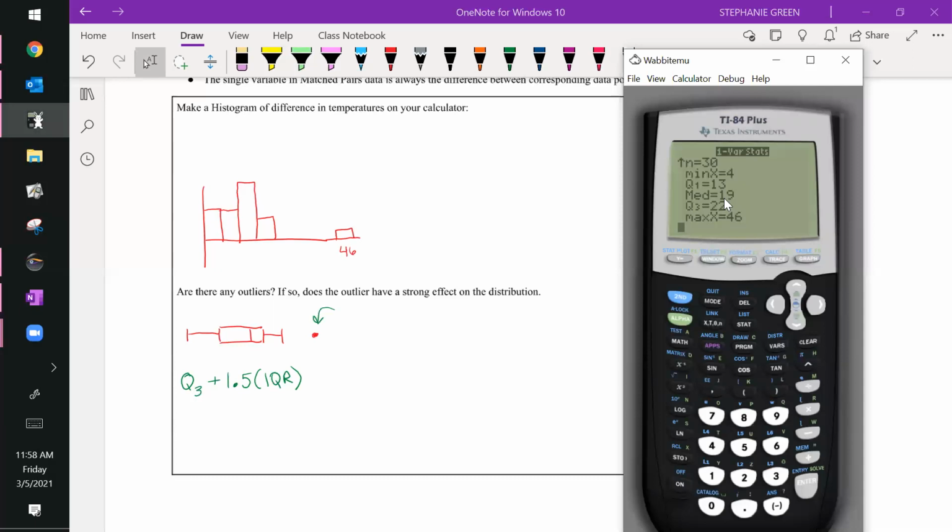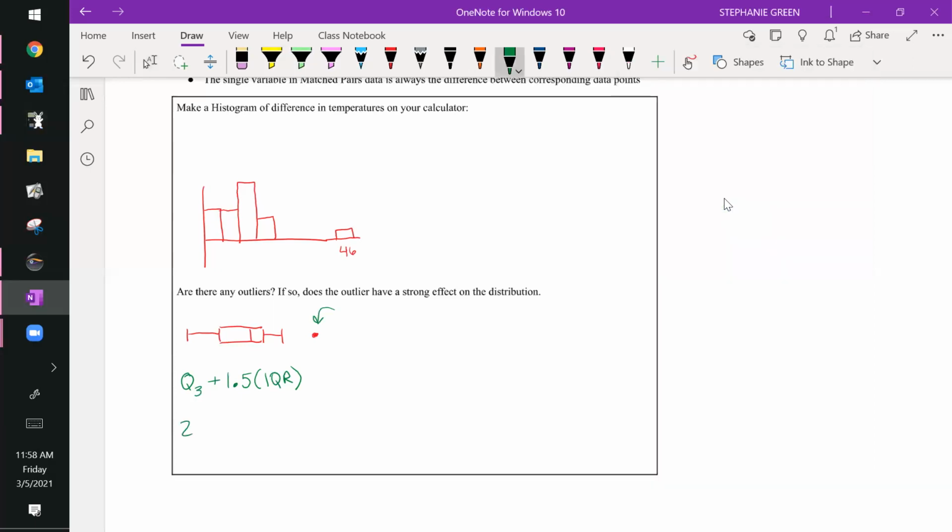So this would be 22 plus 1.5 times the IQR, and the IQR, remember, is the third quartile minus the first quartile. When I calculate this, we get 35.5. So anything greater than 35.5 here is an outlier, and 46 is definitely greater than 35.5. So 46 is an outlier.